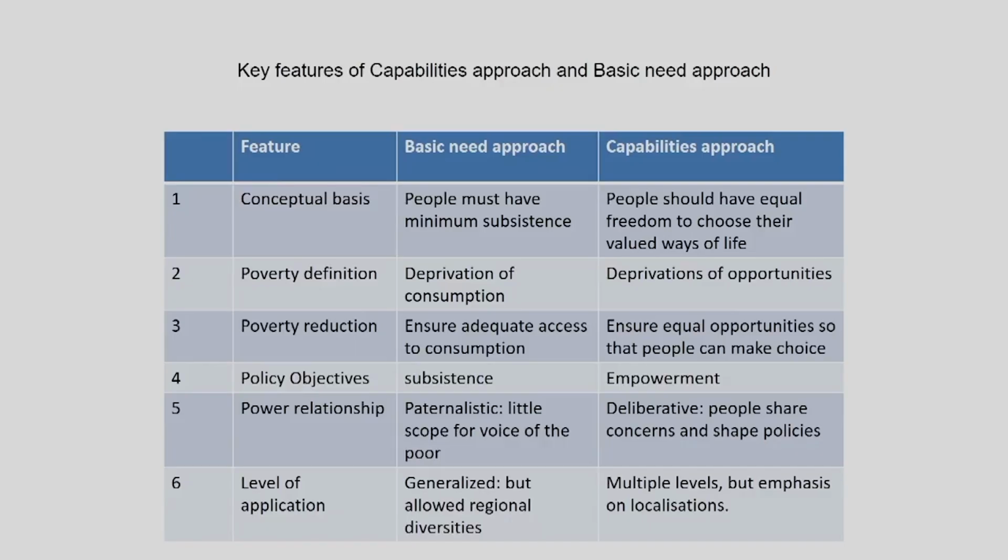In terms of poverty definition, the BNA is looking at deprivation of consumption. So, for example, the BNA would largely be concerned about the calorie deficiency of individuals within a household or certain households within a certain community. They are primarily looking at the outcome indicators of households, by how much there is a deficiency with regard to consumption.